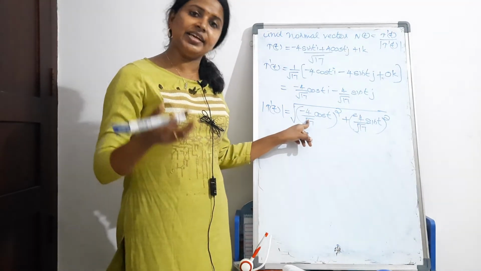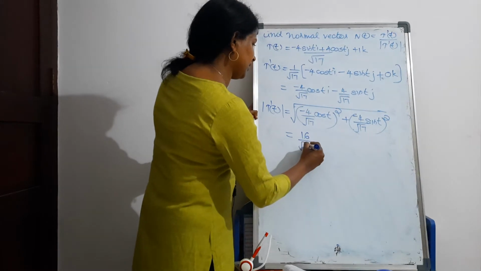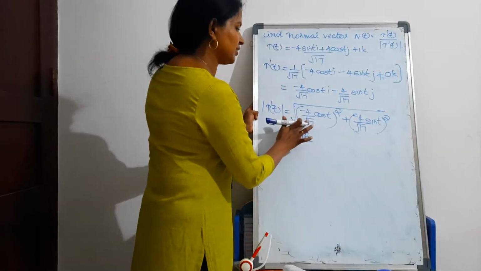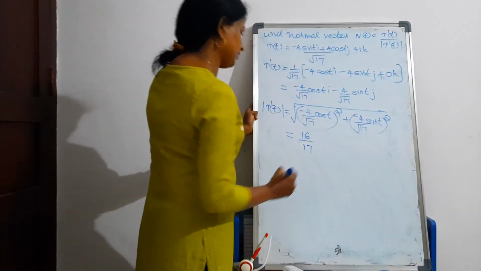Root 17 square is root 17 into root 17, that is 17.